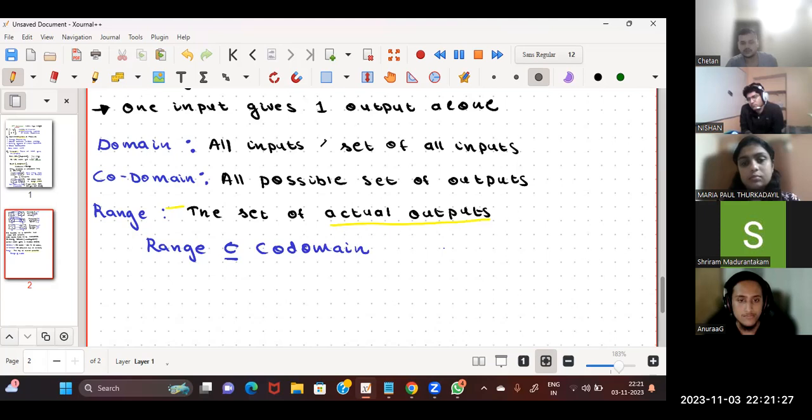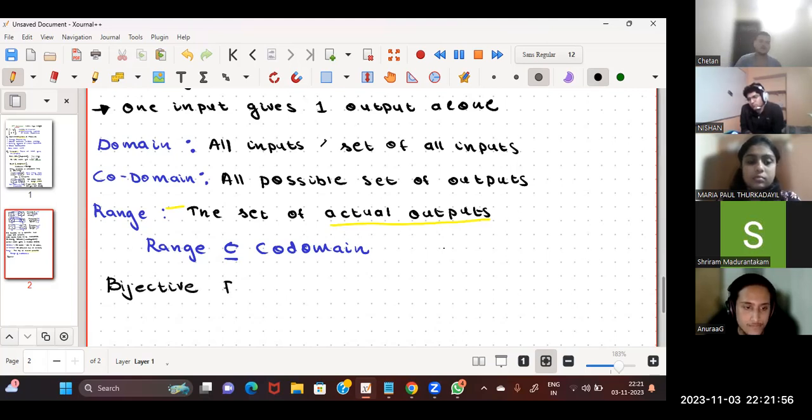Onto is when all the elements in your codomain are actually mapped to some elements in the domain, some input. So you will get all possible outputs from the codomain. That's your onto function. And when you have both the conditions satisfied, that's your bijective function.